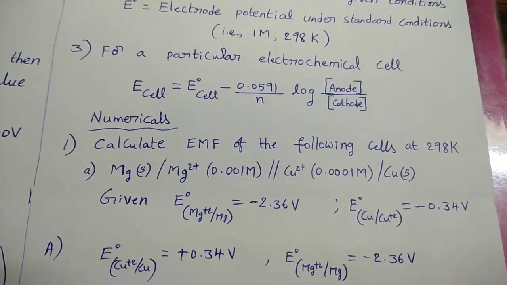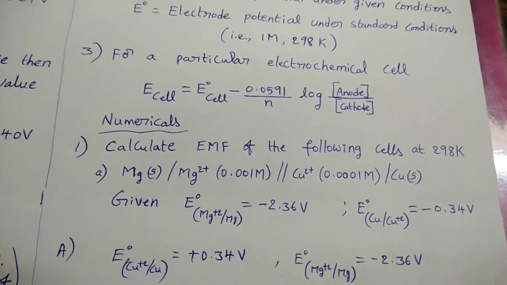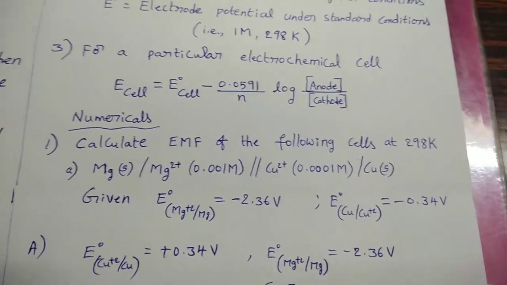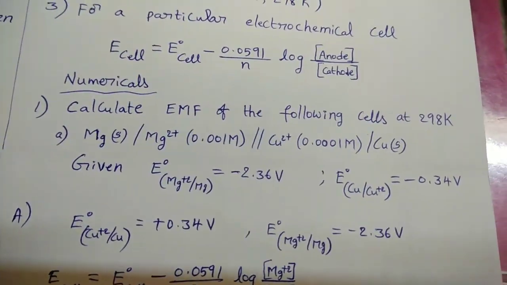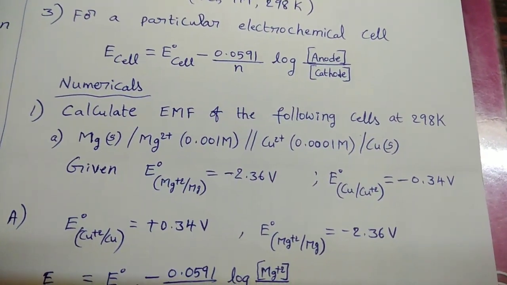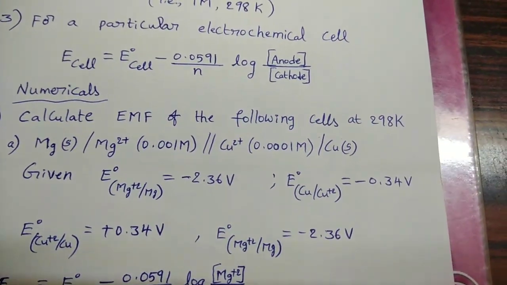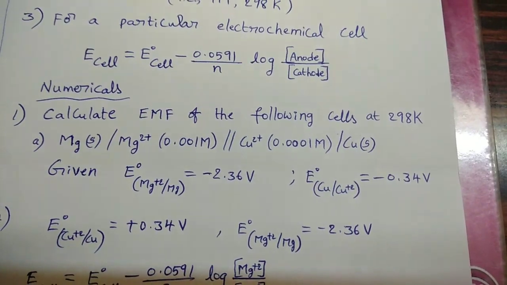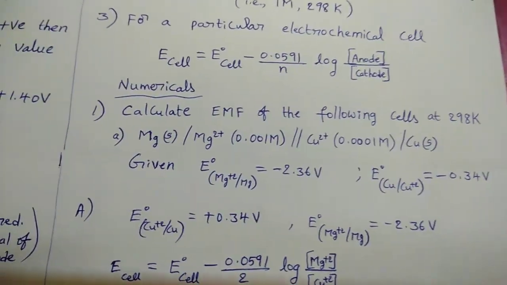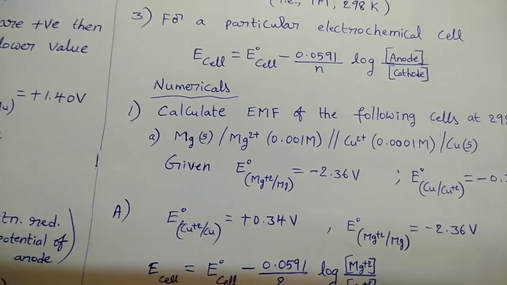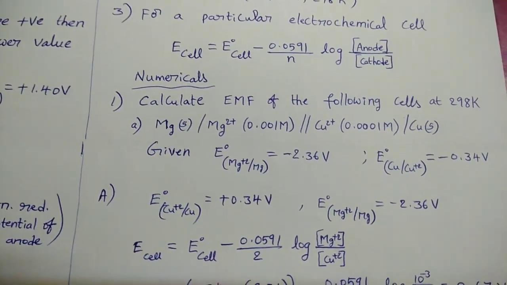Given reduction potential of magnesium metal is minus 2.36 volts, and E naught Cu slash Cu2 plus, this is the oxidation potential, is minus 0.34 volts. This is not the reduction potential. We have to convert this into reduction potential. So reduction potential of Cu2 plus to Cu equal to plus 0.34 volts.